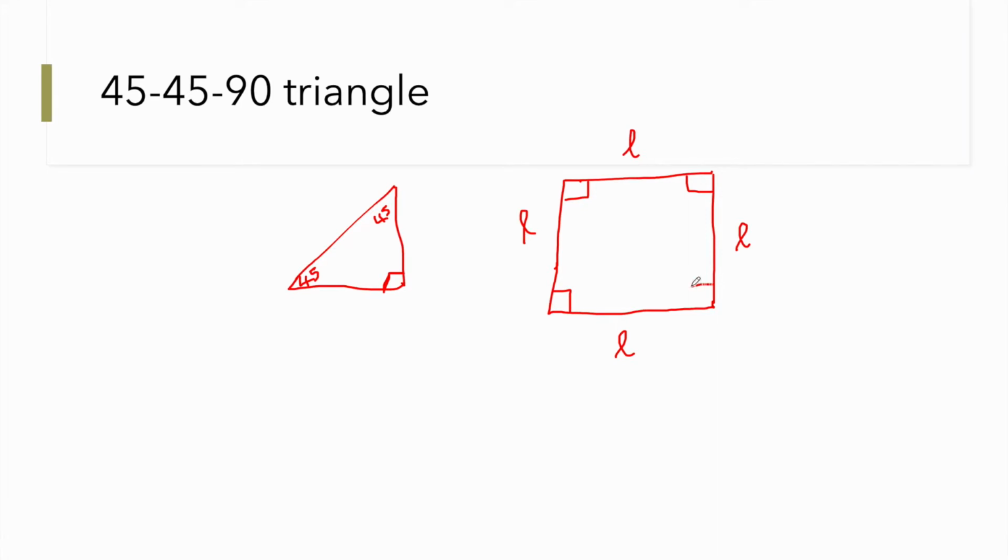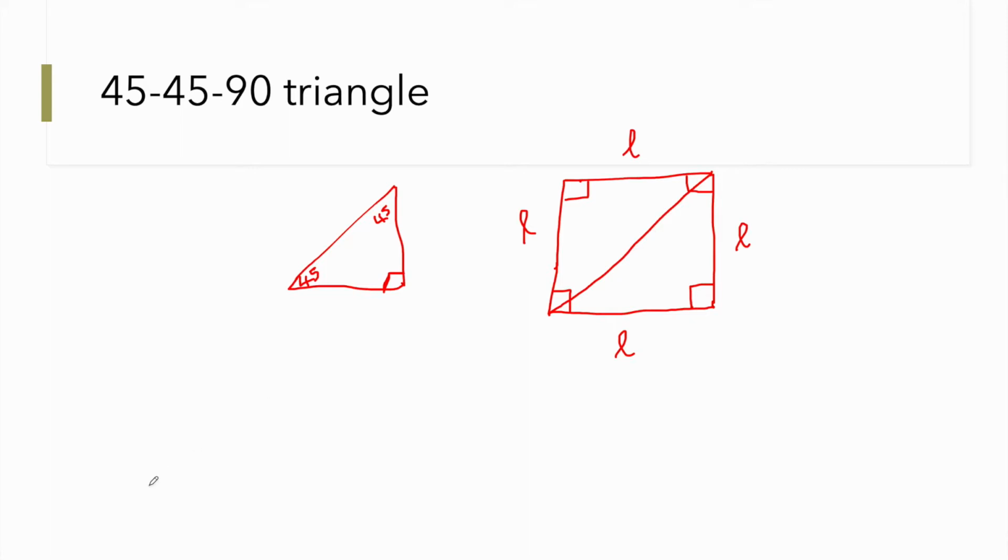So let me dissect my square into two equal parts. When we cut the square into two equal parts, the triangle here will be 45, 45, and then 45, 45, and therefore we will have this triangle over here.